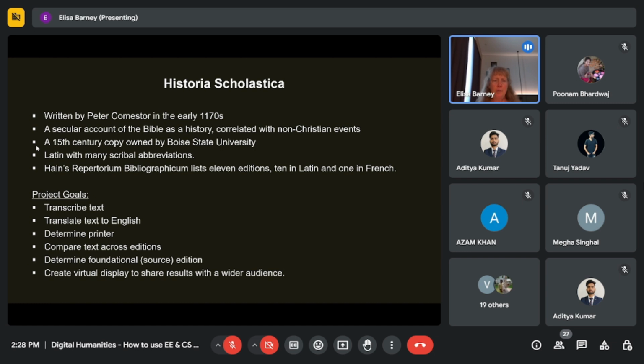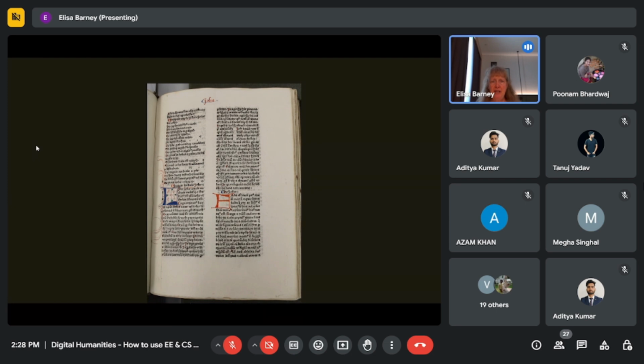And our final hope is to create a virtual display so that this really old book, which is very important historically for the state of Idaho, can be shared with a wider audience, because most people in the state of Idaho do not know that we own such an old book, because it's locked up in an archive to preserve it. So we can create a virtual display and share it with the people in Idaho. And here's what a page of that text looks like.